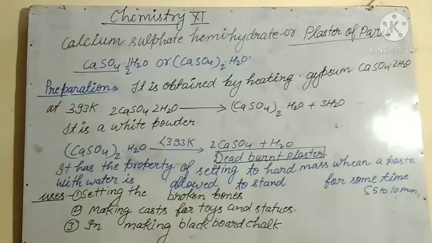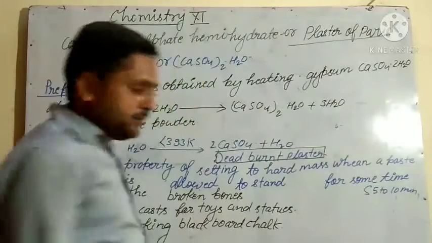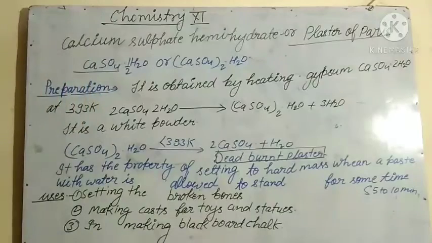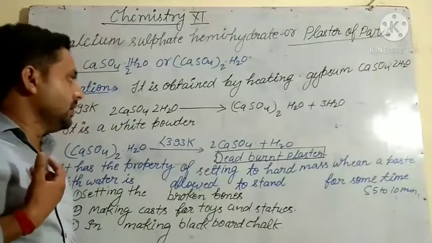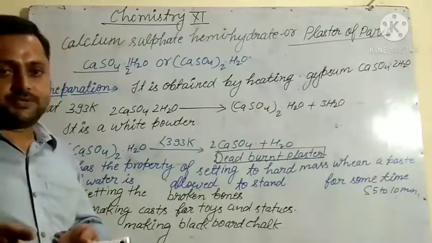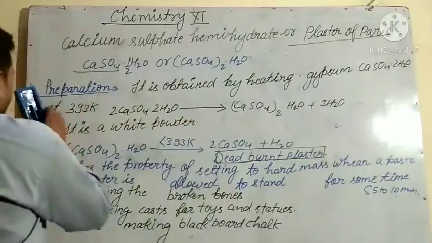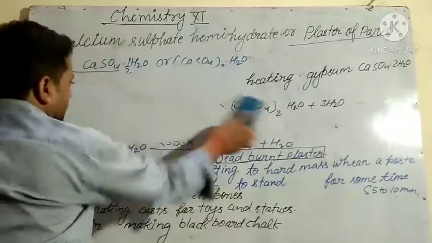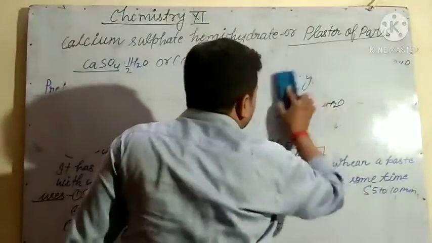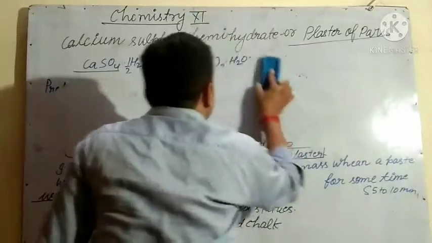And the other question is, how will you get plaster of Paris and how will you get gypsum? A simple point is the conversion of plaster of Paris. Let us see how we can convert it.